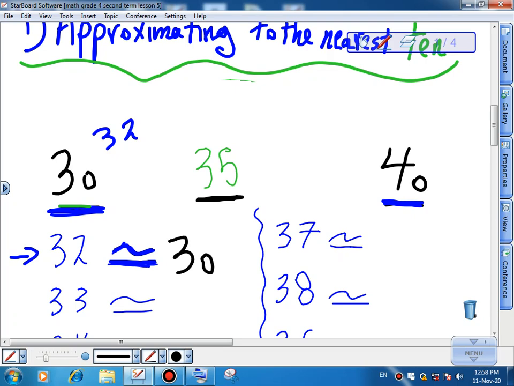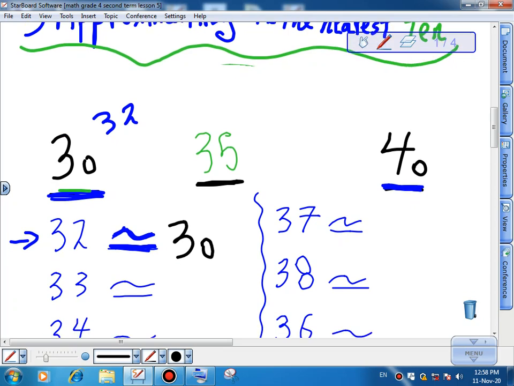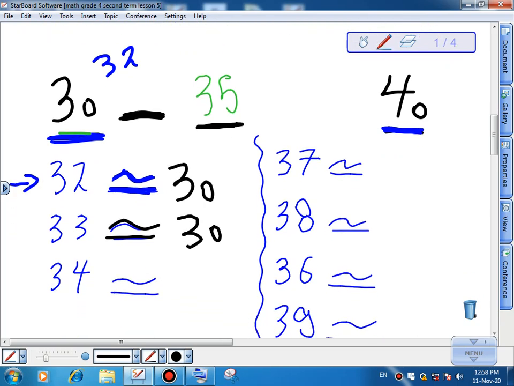Okay? And if we take the number 33, 33 is lying in this distance. 33 is nearer to 30 than 40. So 33 approximated to the nearest 10 will also be 30. Another one, 34, is nearer to 30 than 40, so the approximation will be 30.